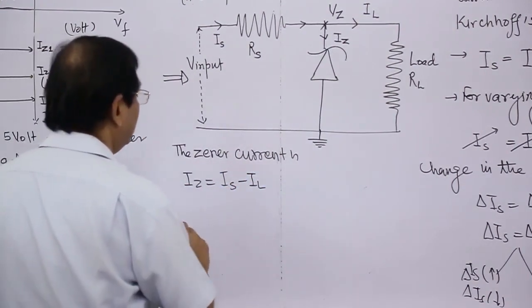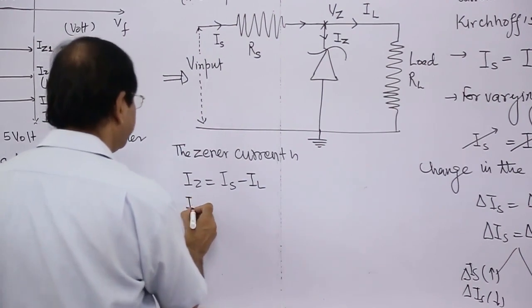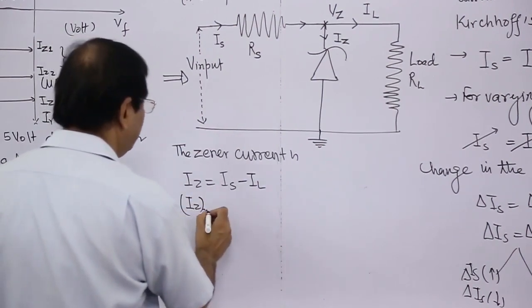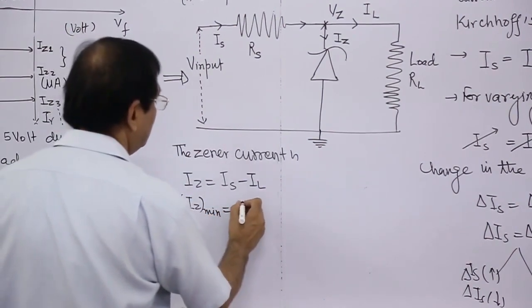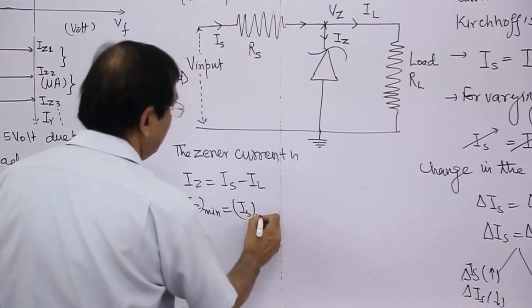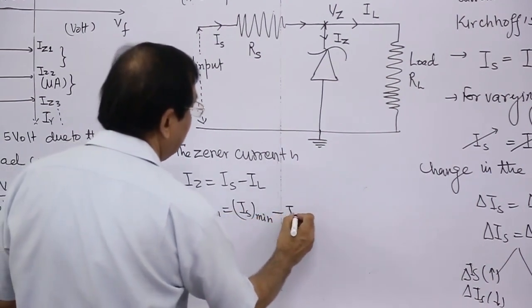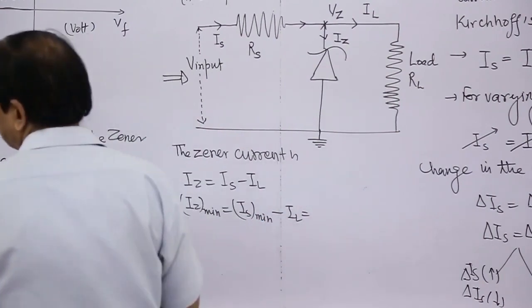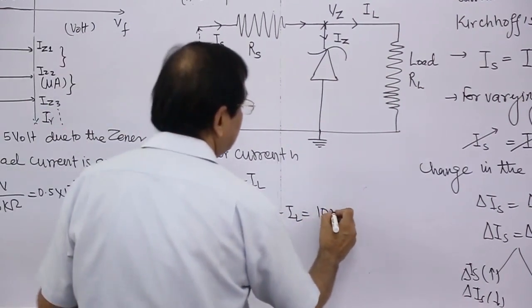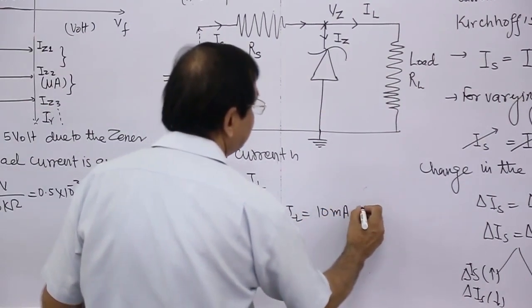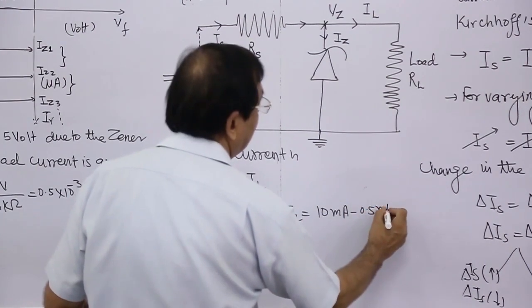So, IZ minimum is equal to IS minimum minus IL, and this is 10 milliampere minus 0.5 milliampere.